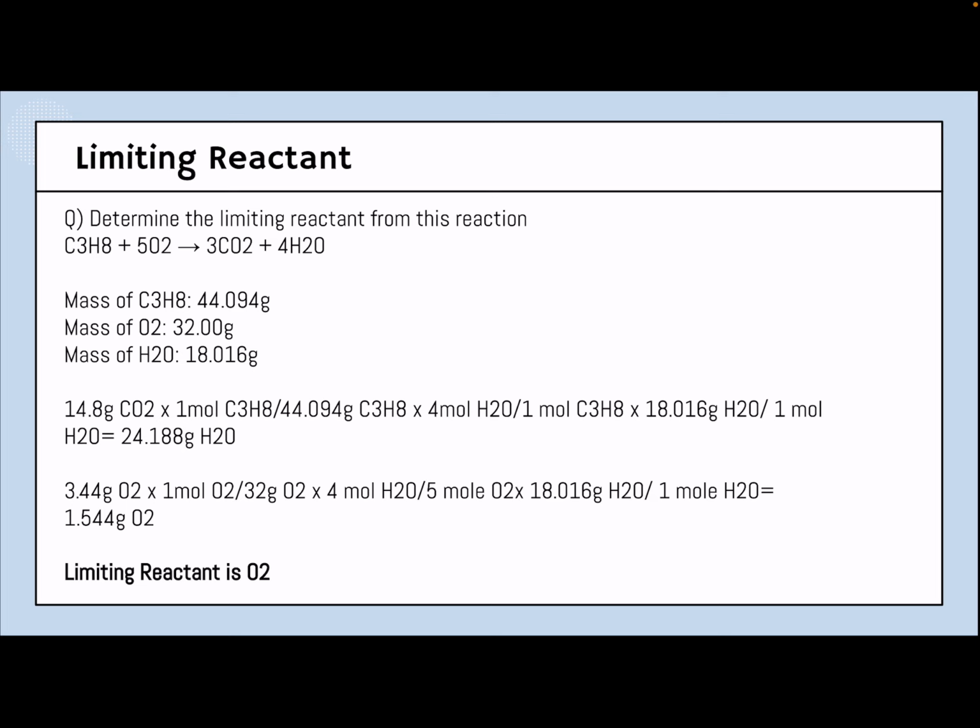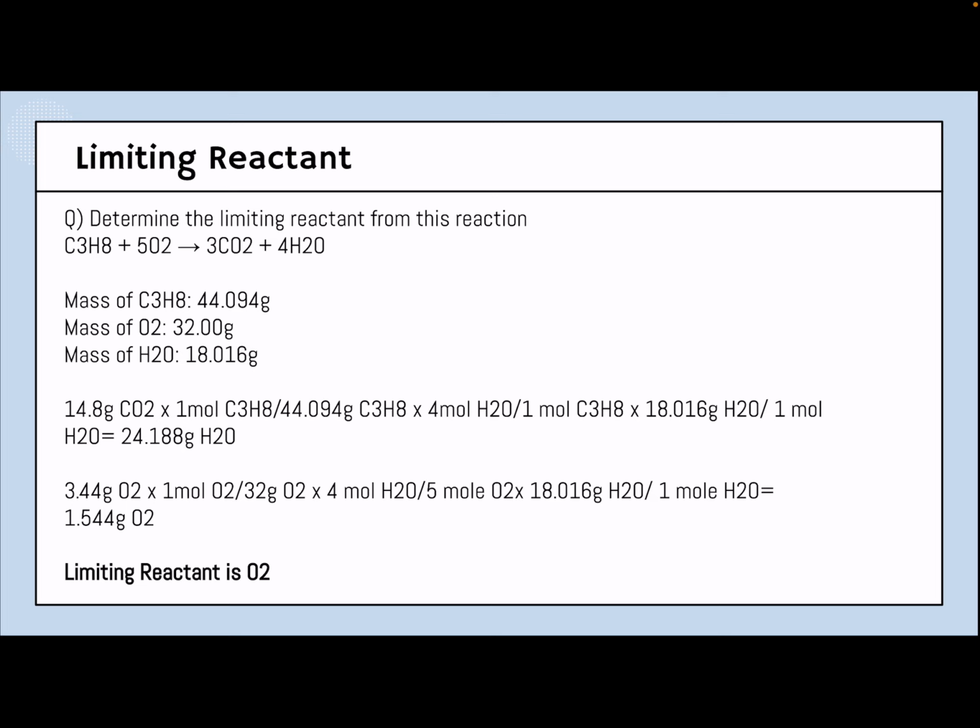14.8 grams of C3H8 given is written first, then for every mole there are 44.094 grams, and for every mole of C3H8 there are 4 moles of H2O, and for every mole of H2O there are 18.016 grams.